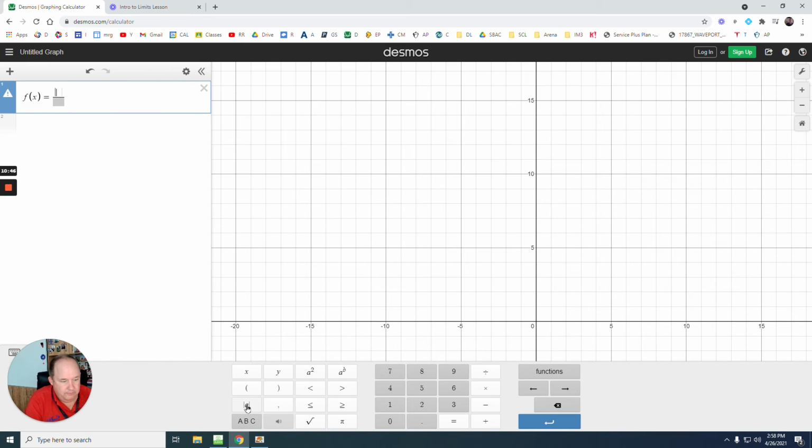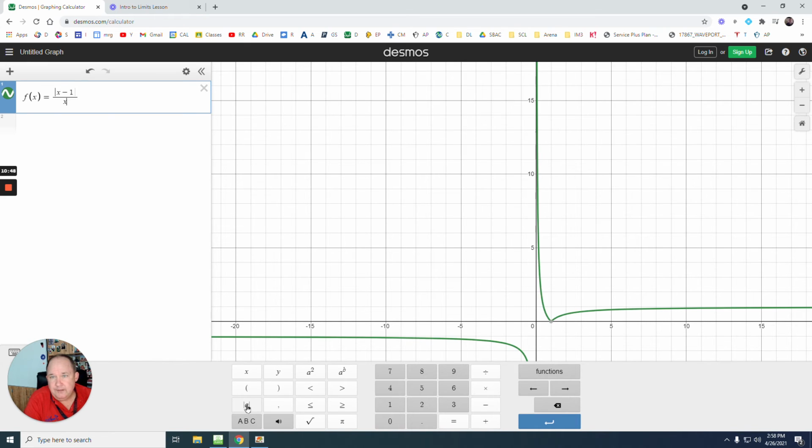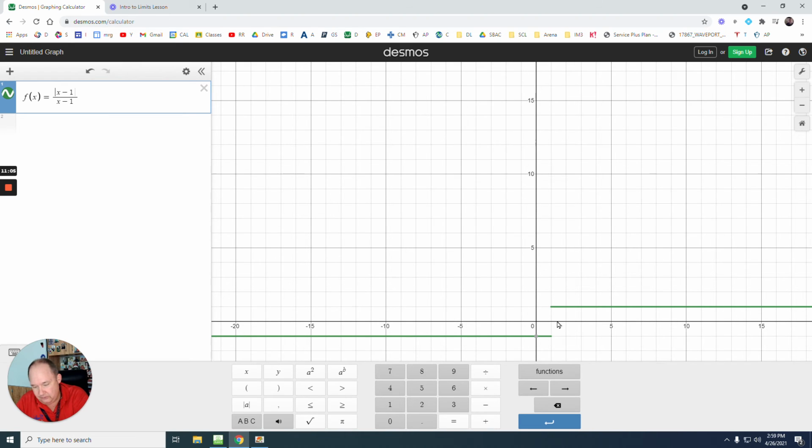Absolute value of x subtract 1, x subtract 1. So what's happening at positive 1? At positive 1, there's a jump right here. From the right, the answer is positive 1, and from the left, the answer is negative 1. So there's a jump right here at positive 1, therefore the limit doesn't exist.